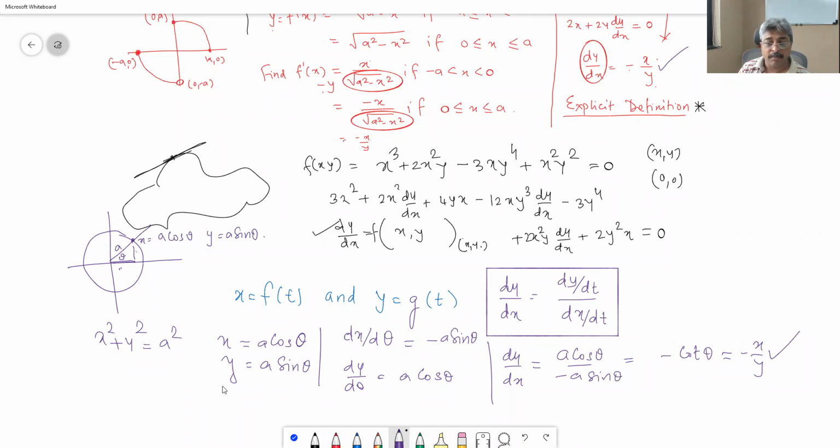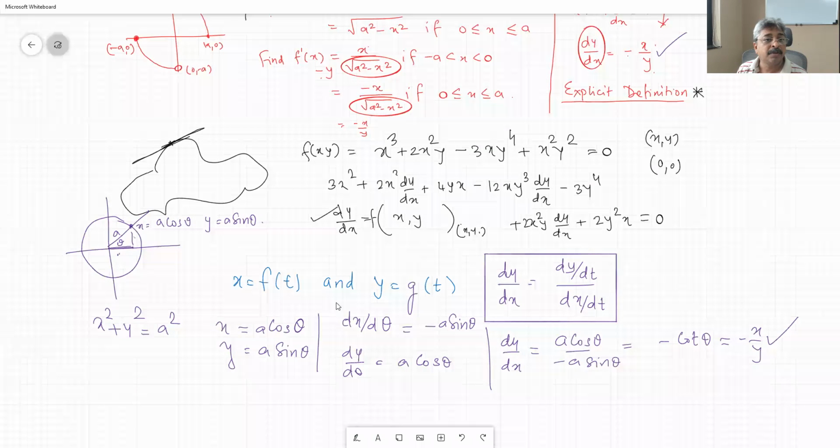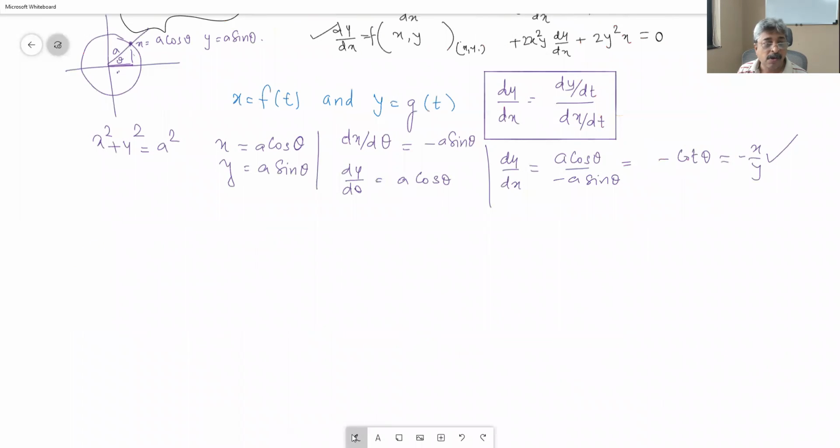So it is okay, but then how do we say that this is fine? How do we say that this is okay? And therefore, let us do a theorem by which we legalize parametric differentiation. And the theorem is as follows.